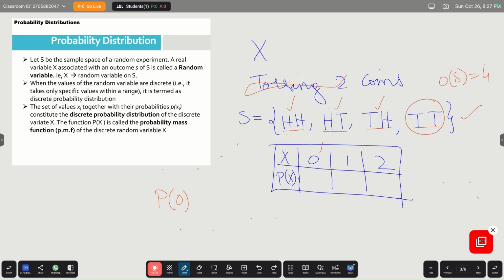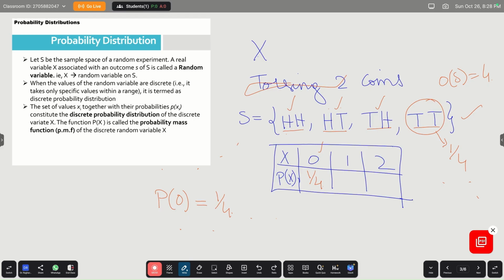Only in the fourth case x is 0 because there are no heads. So in one case out of 4 cases available, it is 0. So the probability that x equals 0 is 1 by 4. Let us fill this probability in our table. P of x taking the value 0 is 1 by 4.